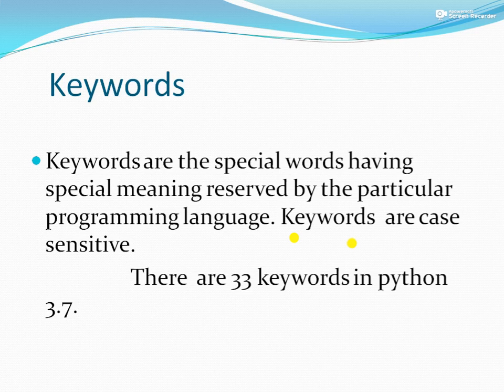And a more important point, keywords are case sensitive. Students, there are 33 keywords in Python 3.7.